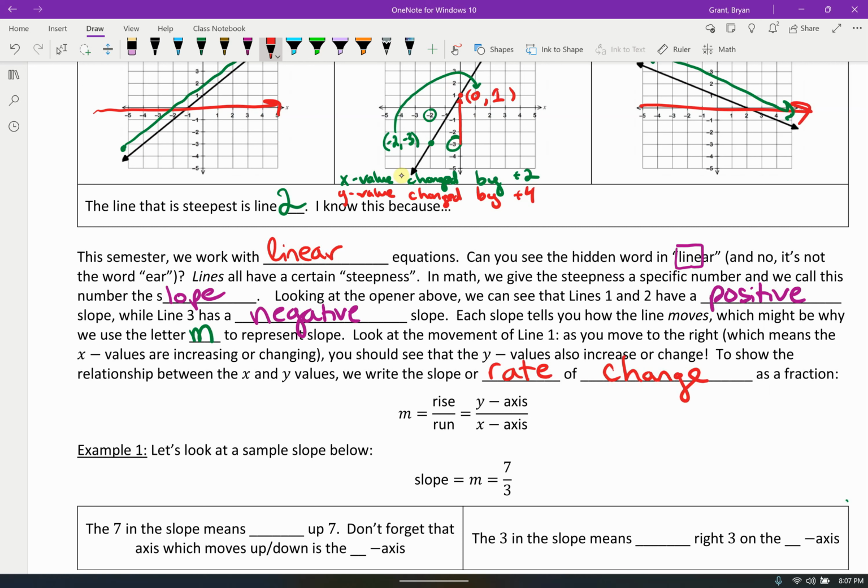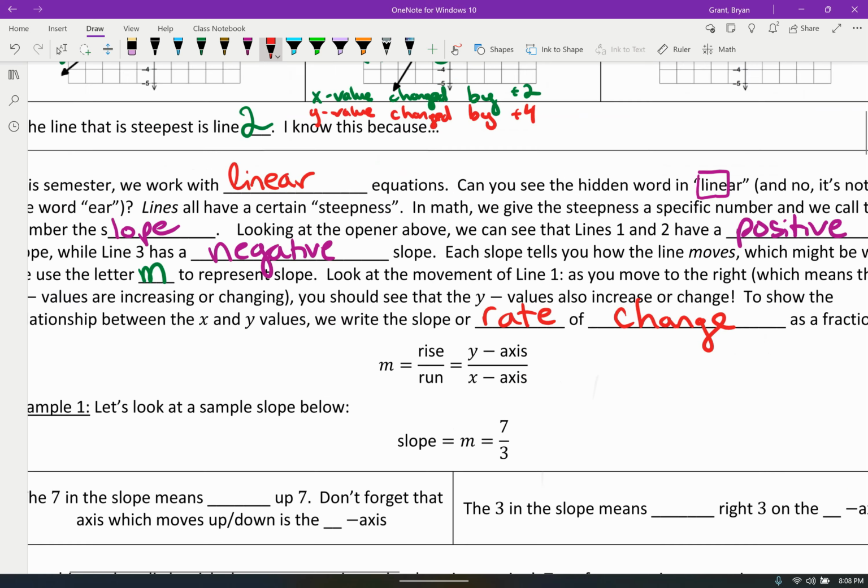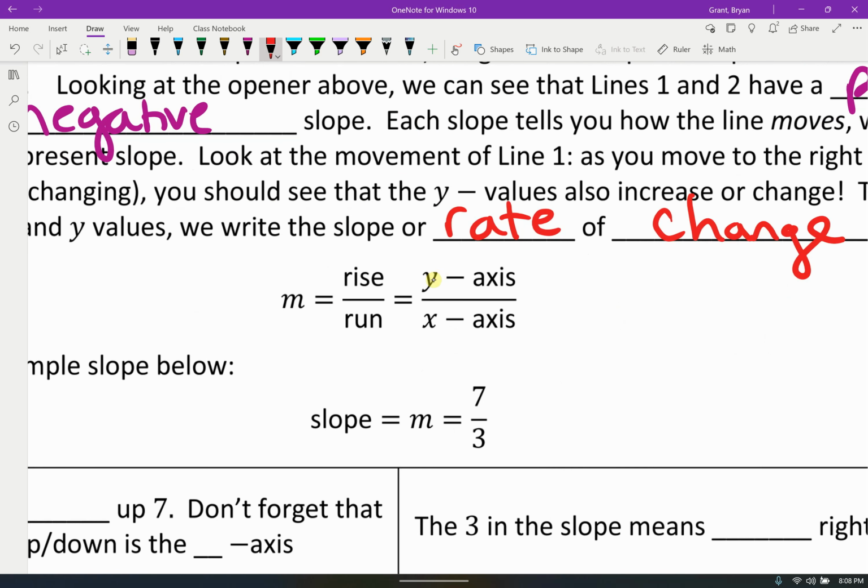Now, instead of writing it out with two different sentences, some very clever individual thousands of years ago decided instead of writing our slope with sentences, we're going to write it as a fraction. And they decided that the fraction is always going to relate the y values on top of the x values.